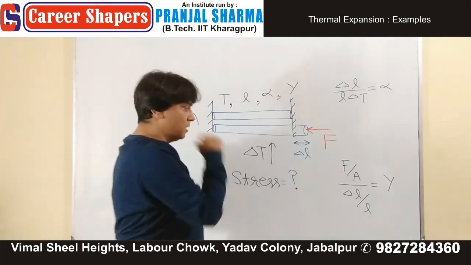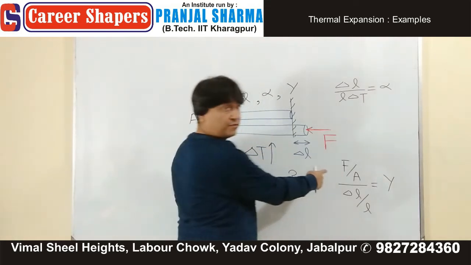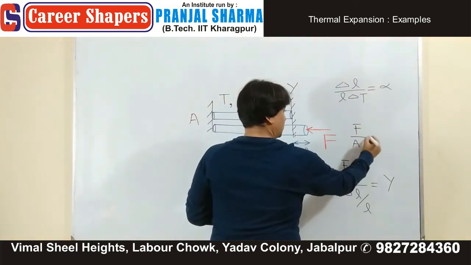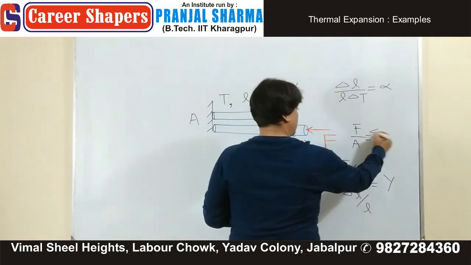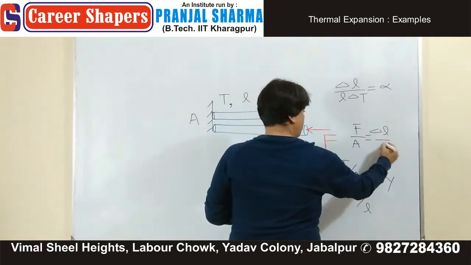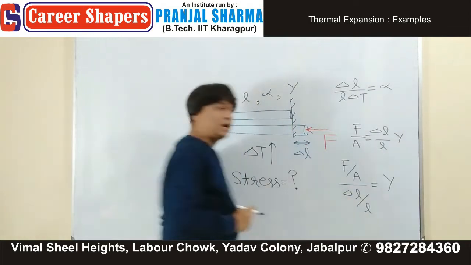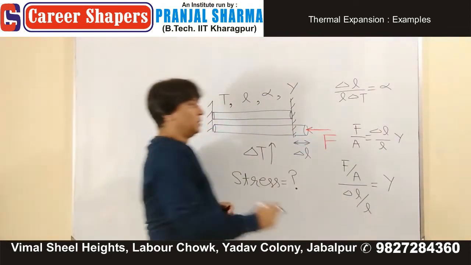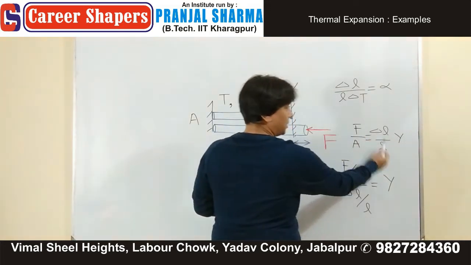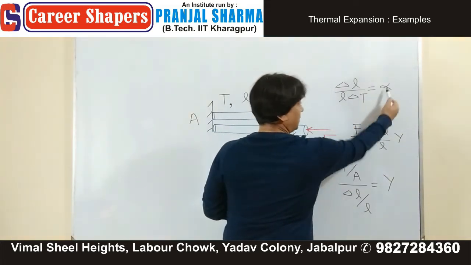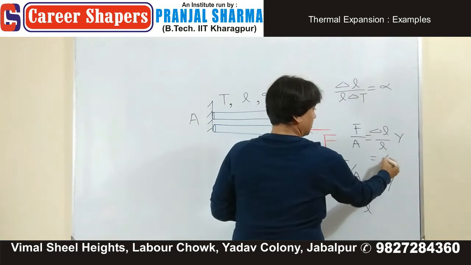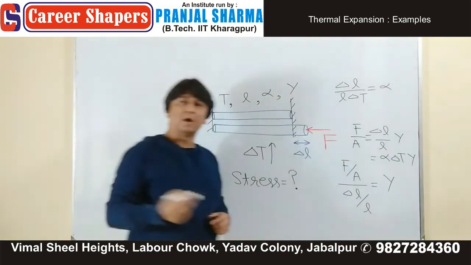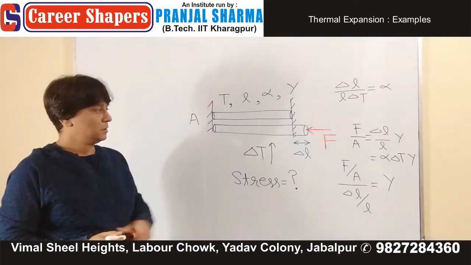Then we are interested in finding F upon A. What is F upon A coming? Delta L divided by L multiplied by Young's modulus. What is delta L upon L? Alpha delta T. Alpha delta T multiplied by Young's modulus. That's the answer.